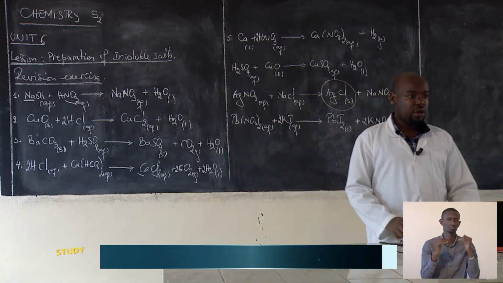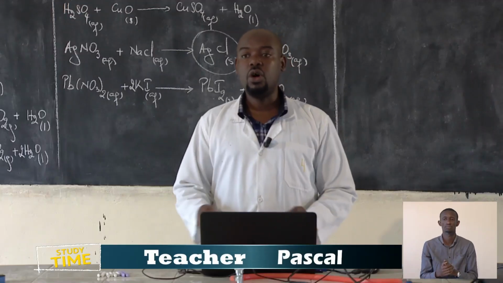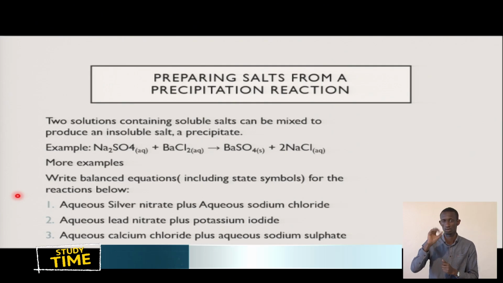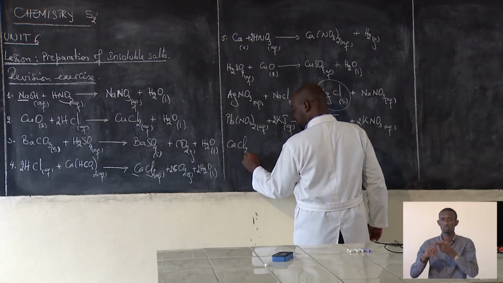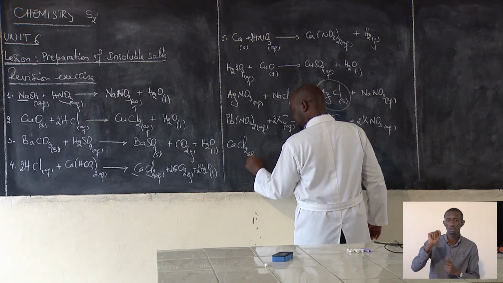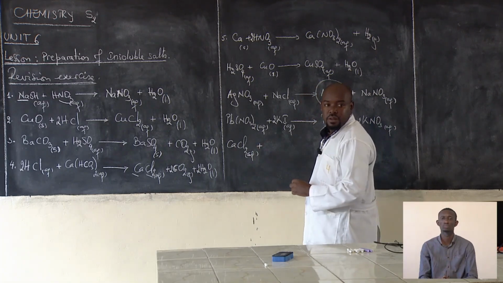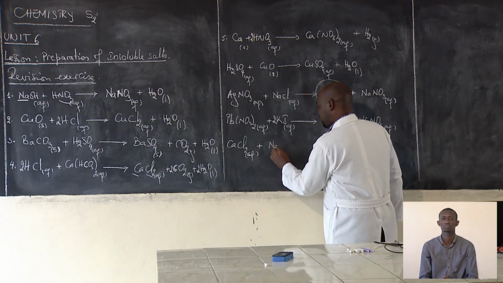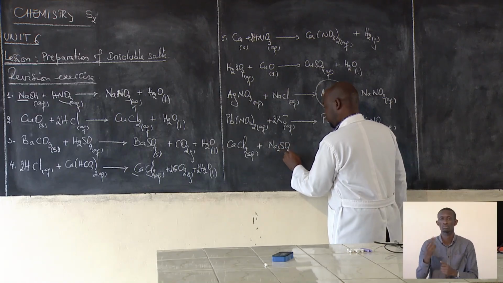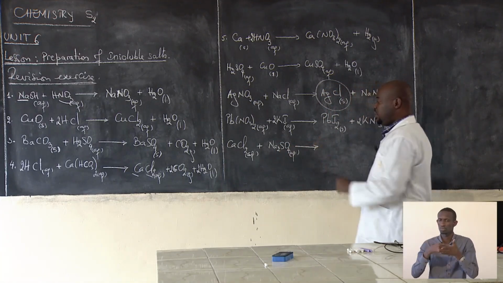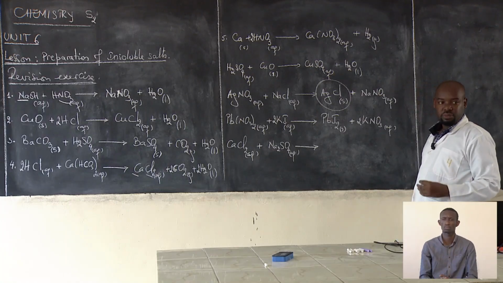And number 3, we have aqueous calcium chloride reacting with sodium sulfate. Calcium chloride is this one, reacting with sodium sulfate. What will be the product, please? The products.